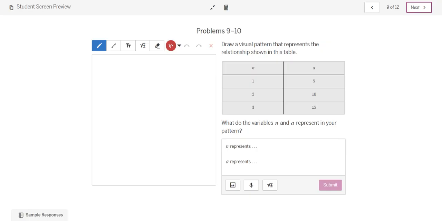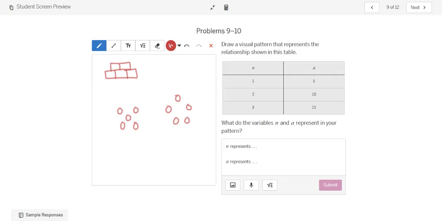Here we go. Visual pattern. Originally, I drew things like this. I drew just steps with 5 little blocks in it, but I didn't like how that pattern looked. So I thought about 5 on a die, which looks kind of like that, but it doesn't expand naturally. And so then I thought, what if I make it like a pentagon with a little circle or a dot on each side?